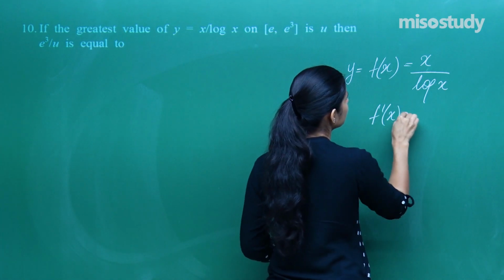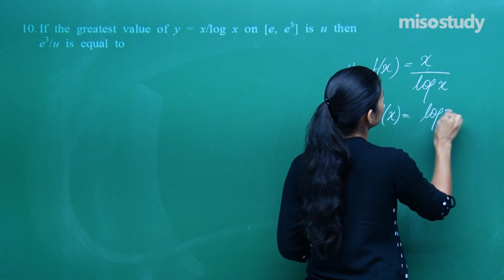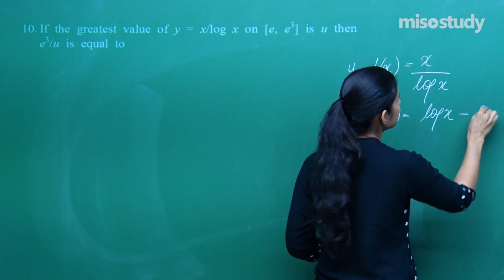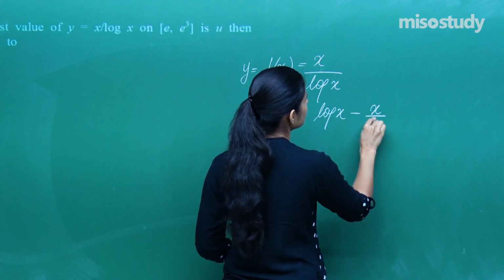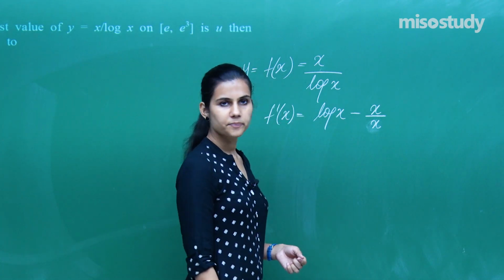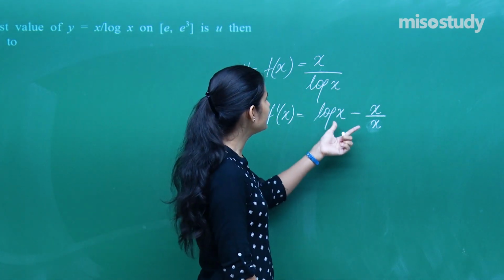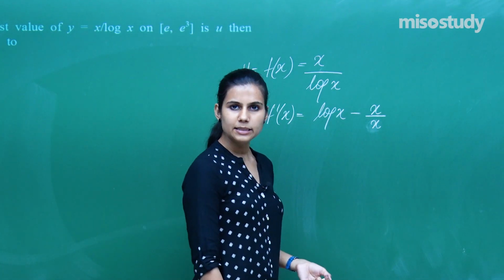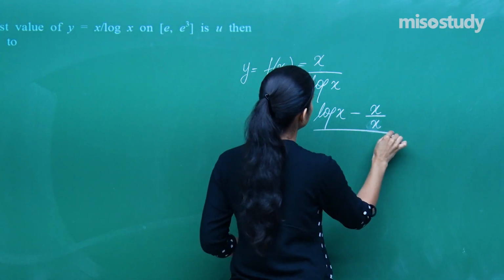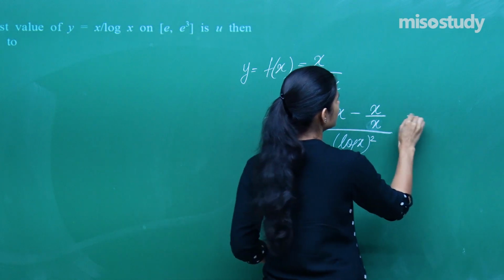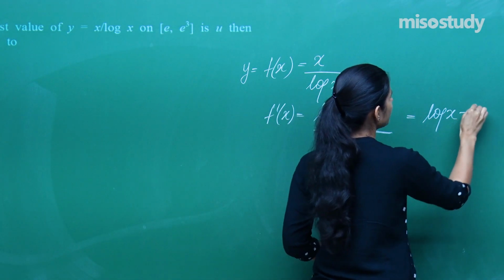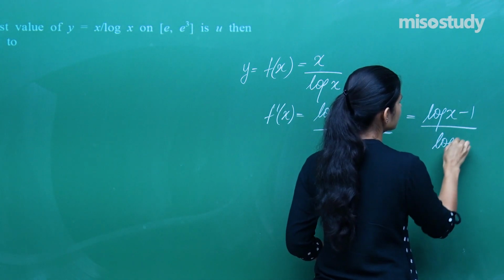What you get is log x into d by dx of x minus x into d by dx of log x, which is 1 by x, this whole upon log x whole square. So this gives you log x minus 1 upon log x whole square.